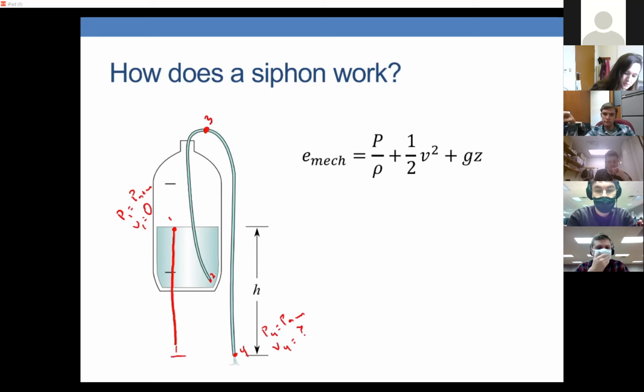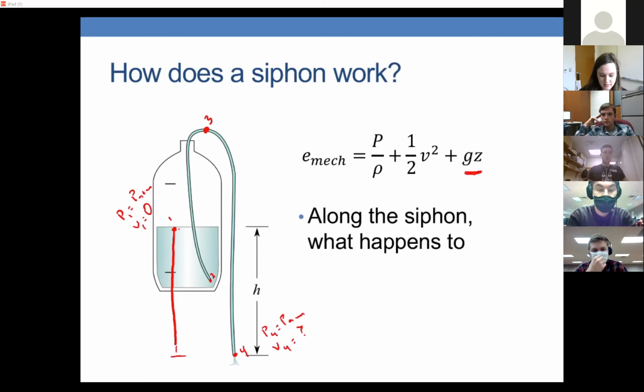So let's say point 3 right there. It's going to have some velocity too. Its potential energy is higher than either point 1 or point 2, and its velocity will be the same as down there.